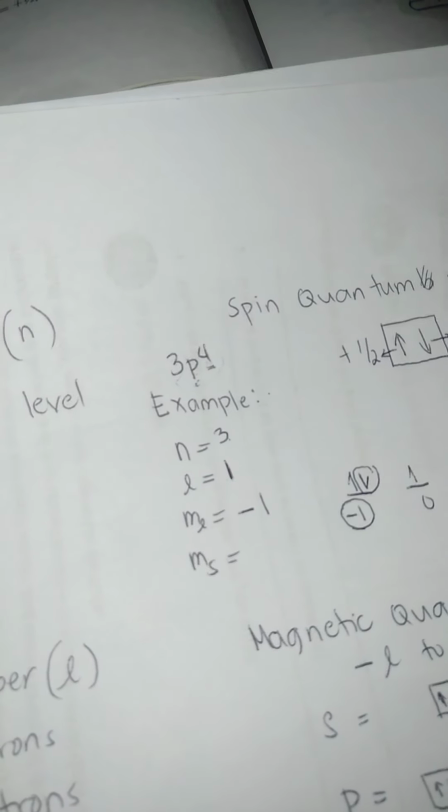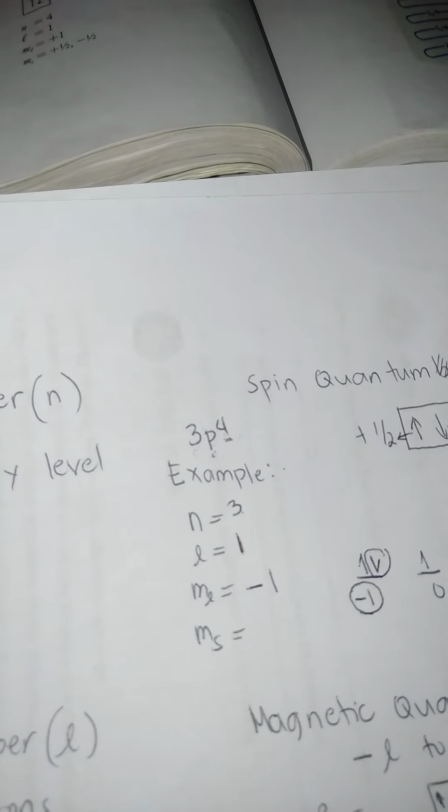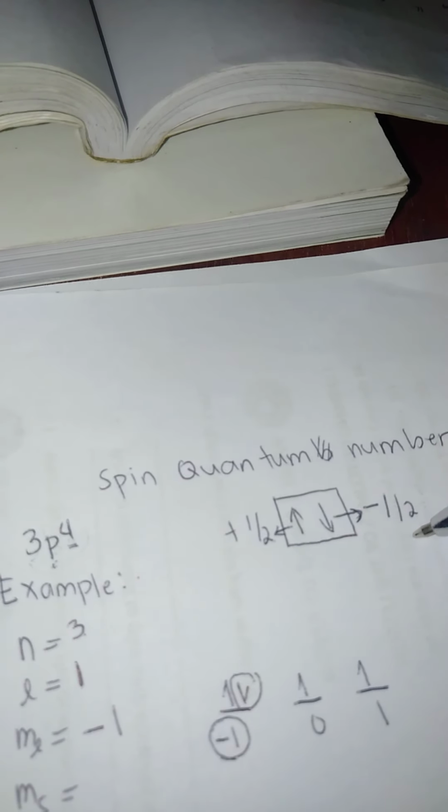And the easiest one, the spin quantum number. If the arrow is upward, the value is positive 1/2. And the arrow downward has a value of -1/2.